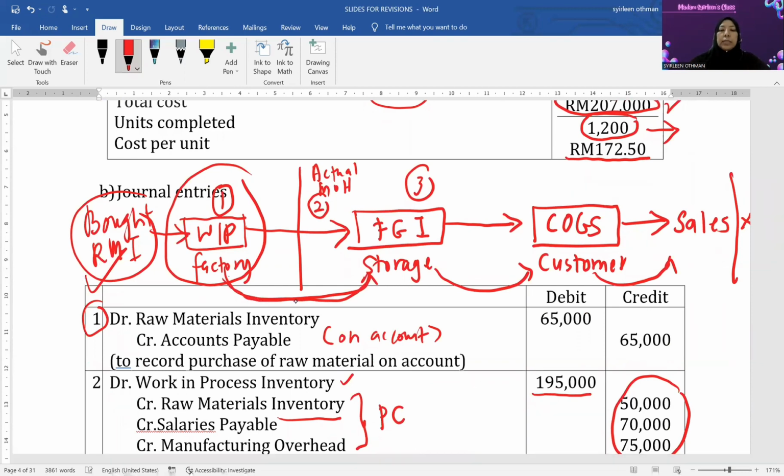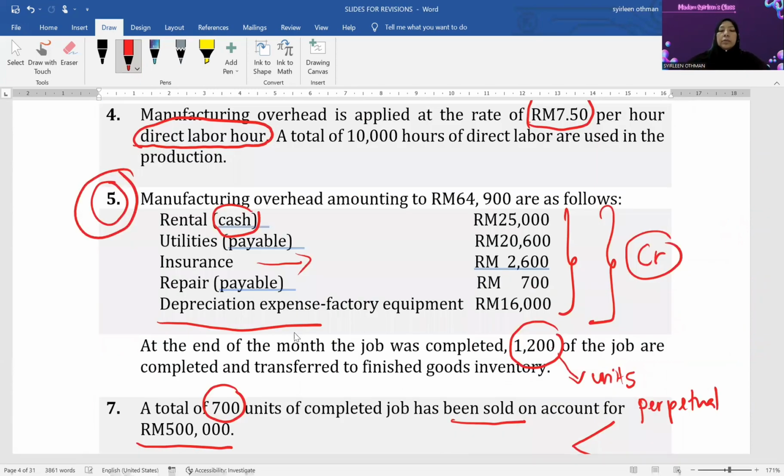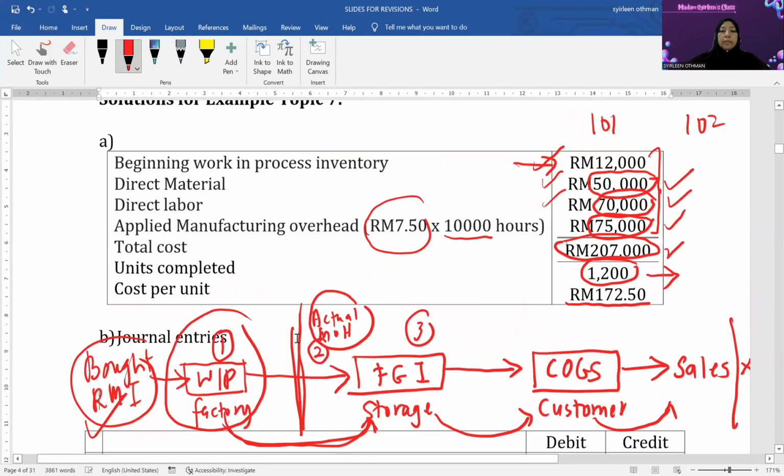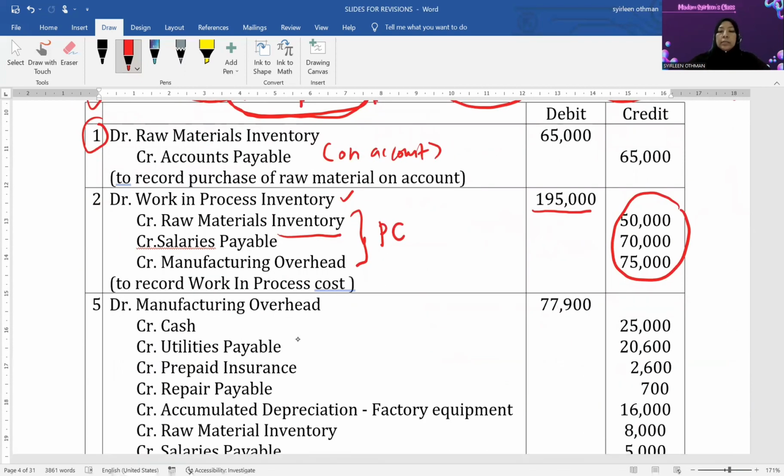But in between, saya dah boleh kira actual MOH. So actual MOH is taken from the question from here, number 5. Okay, so from number 5 here, that means saya akan debit manufacturing overhead. Okay, let's say you don't know the amount yet. Okay, so what you're going to do, you're going to list down all the items in your actual manufacturing overhead.